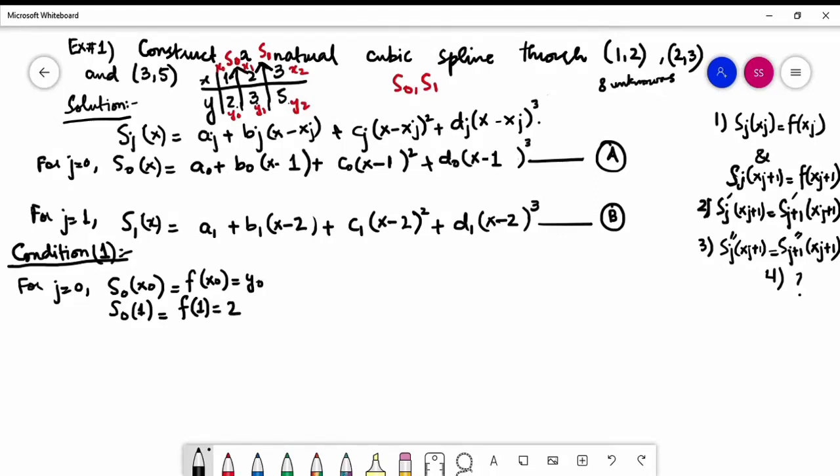So if I replace this 1 in equation A, S0 of 1 becomes A0 plus B0 (1 minus 1 is 0), C0 (1 minus 1 square is 0), D0 (1 minus 1 cube is 0). So S0 of 1 becomes A0 equal to 2. Let this be equation 1.